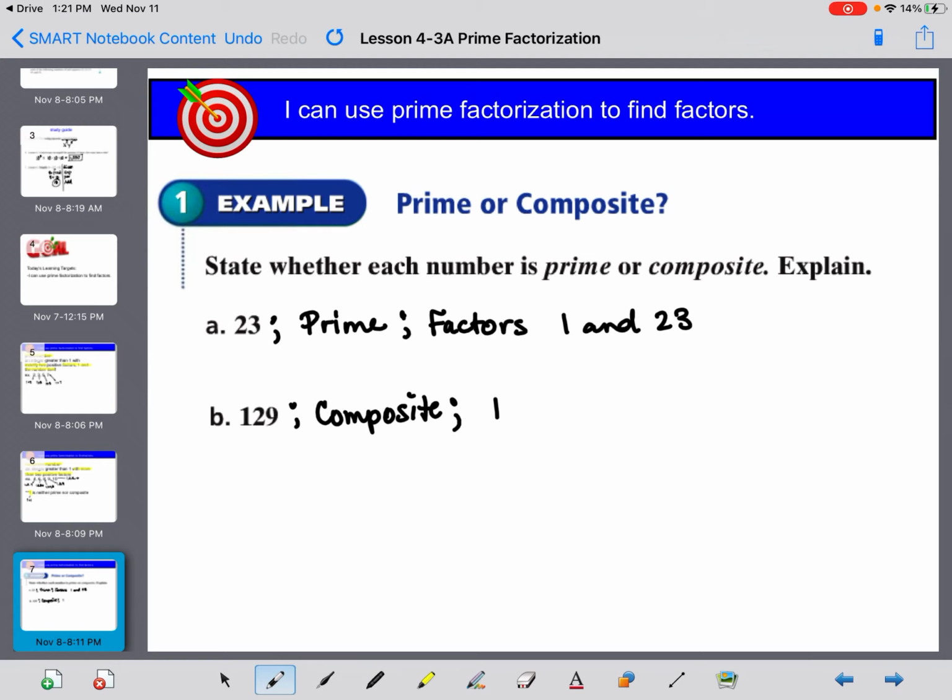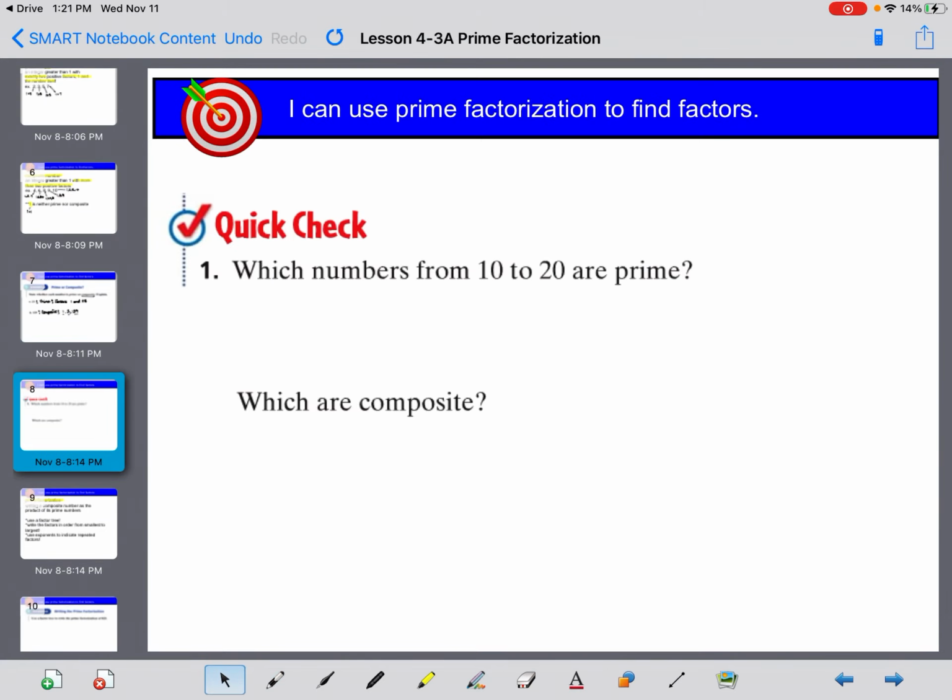So I know that 1 and 129 are factors, and using the divisibility rules, I know that 1 plus 2 plus 9 is 12, and 12 is divisible by 3, so 129 has a factor of 3. I don't even need to do any more work than that because it's composite if it has more than 2 factors, and I was able to list 3.